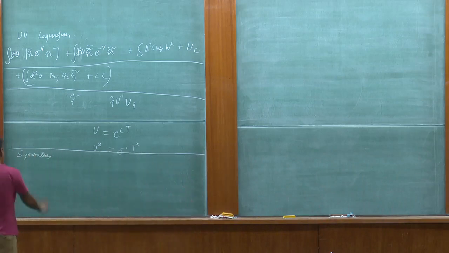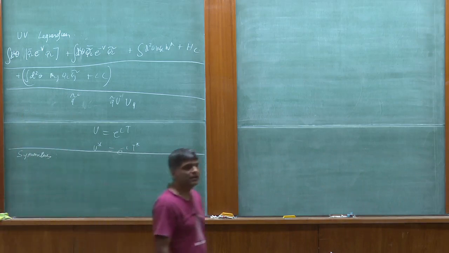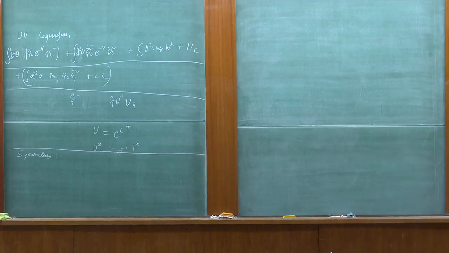So now we're going to study the symmetries of the theory, first setting the M_ij term to 0. Okay? So question, what kind of transformations on fields leave the Lagrangian unchanged?